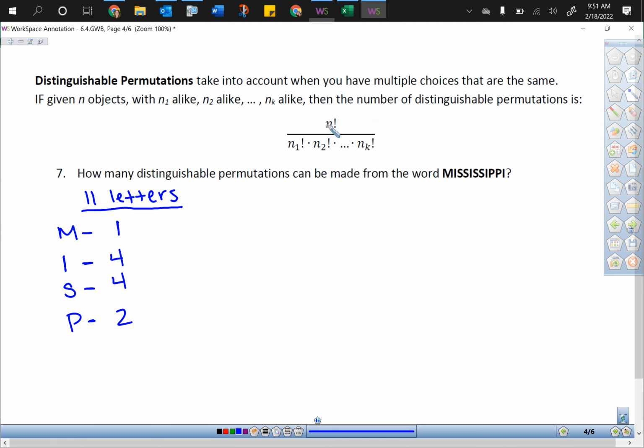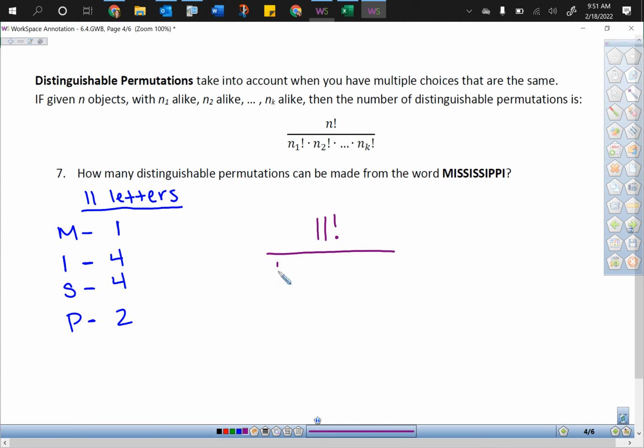Now the first thing is we want n factorial. n is the total number of letters that I have, which is what? 11. So I'm going to have 11 factorial, divided by, now I'm going to look at all of my choices. How many different choices do I have? 4. I'm going to take each one of these choices factorial and multiply them together.